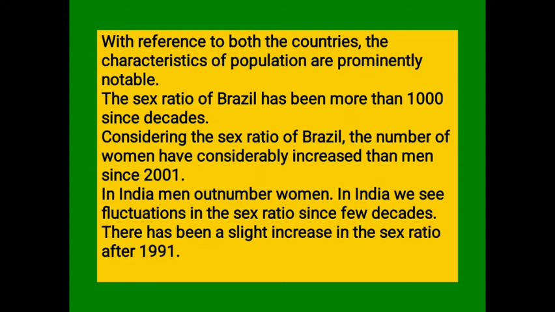That is, they have provided special facilities for girls, that is free education, health care and many other things. Due to all these facilities from the government, the causes of death of the female girl child have reduced to a certain extent.